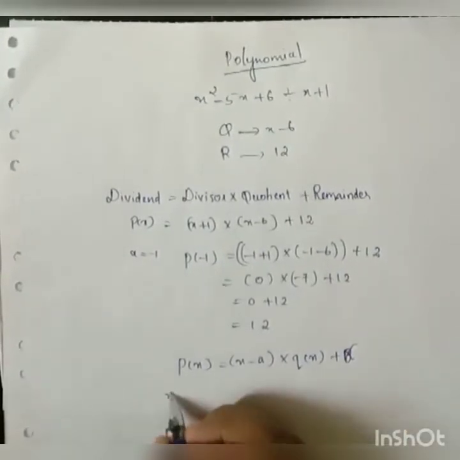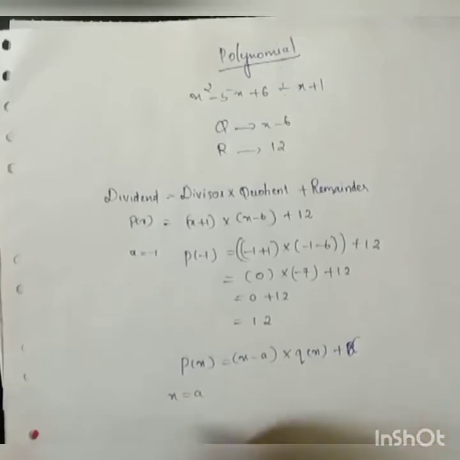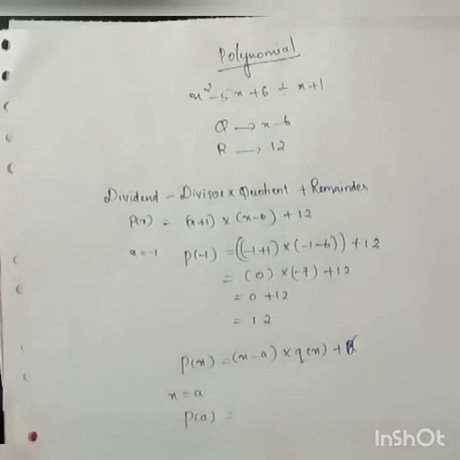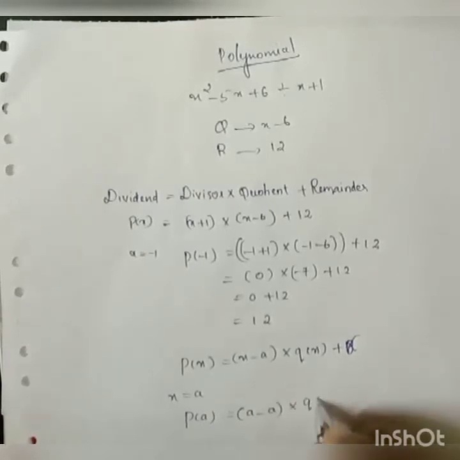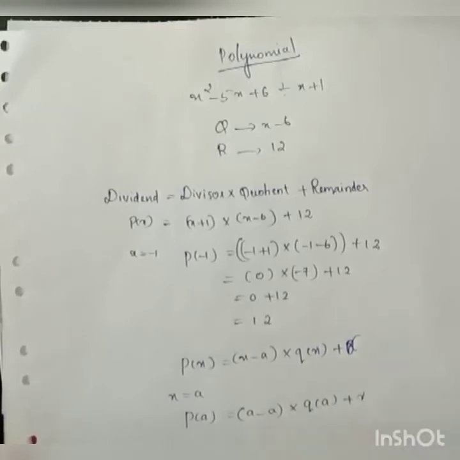Now we substitute x equal to a. In this, the left hand side becomes p of a. What will be the value of p of a? Put x equal to a: a minus a into q of a plus r.